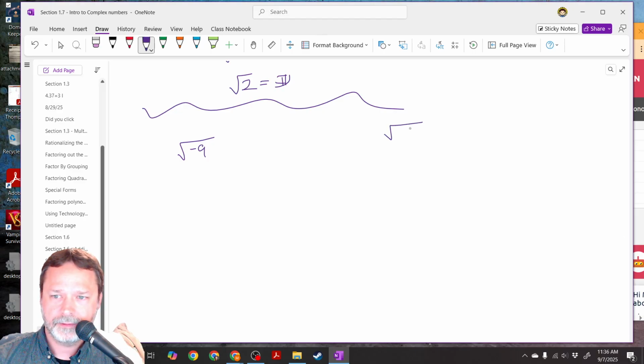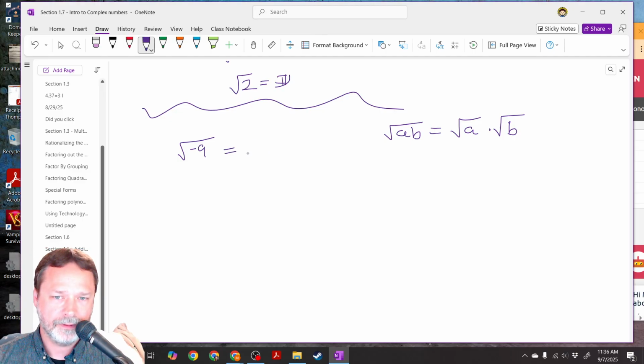Remember that the square root of AB is the same as the square root of A times the square root of B. And it just so happens that we can always take any square root and rewrite it as a product that contains -1 as a factor.